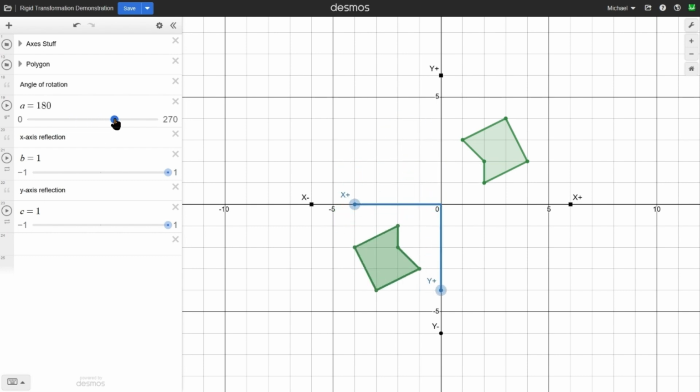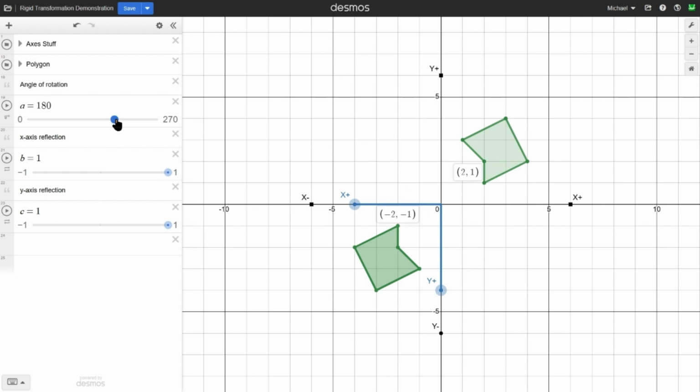If I go up to 180 degrees, I see that my positive x-axis is now in line with the negative x-axis. My old positive y-axis is now in line with the negative y-axis. And this is where we get the rule of (-x, -y).